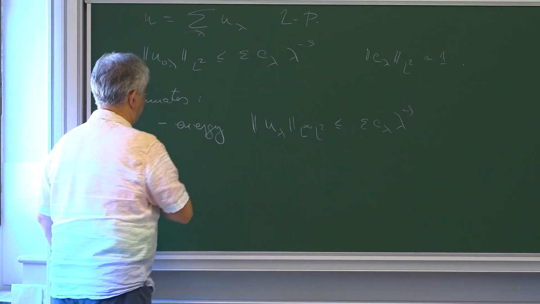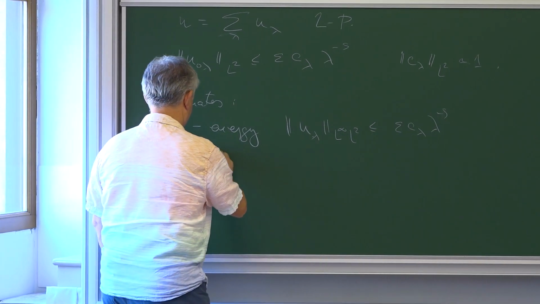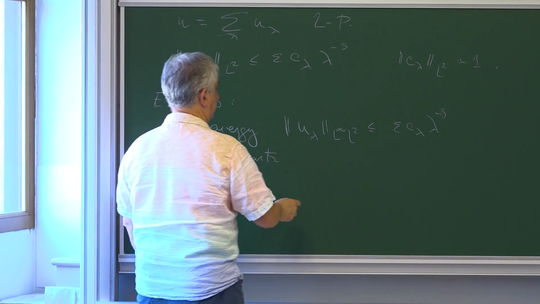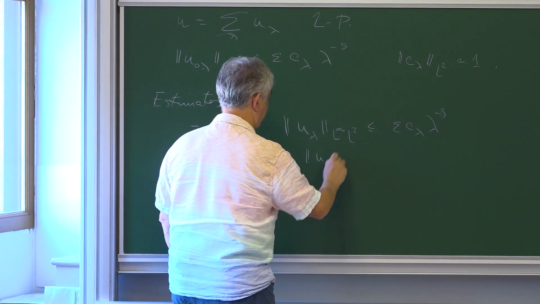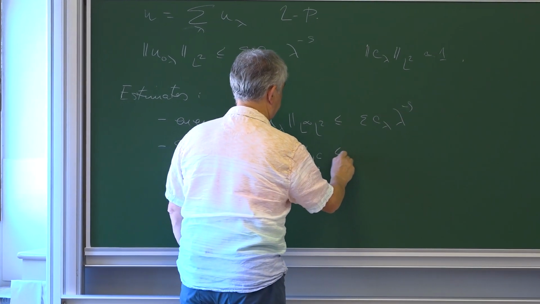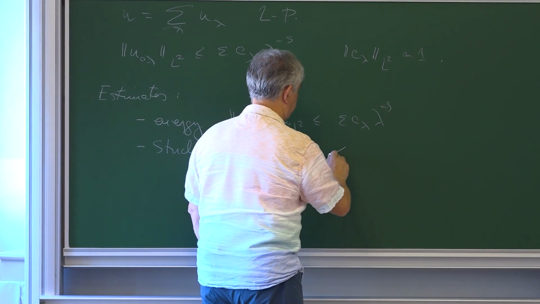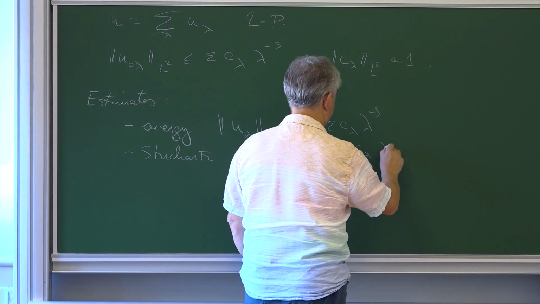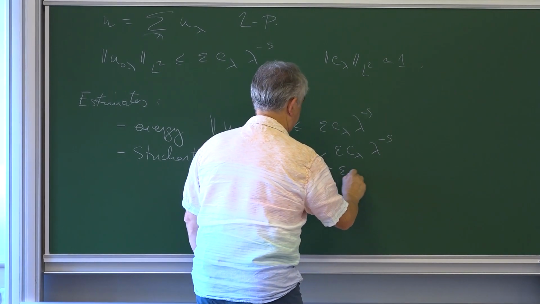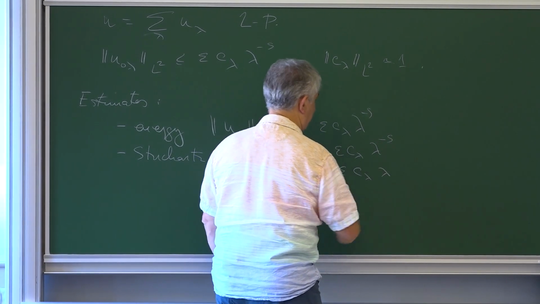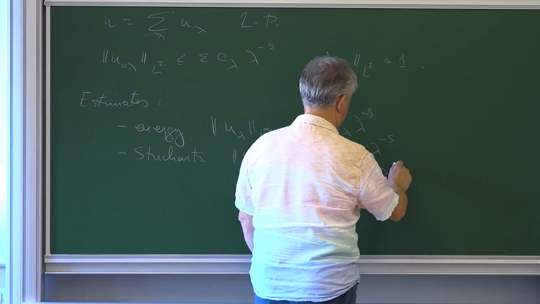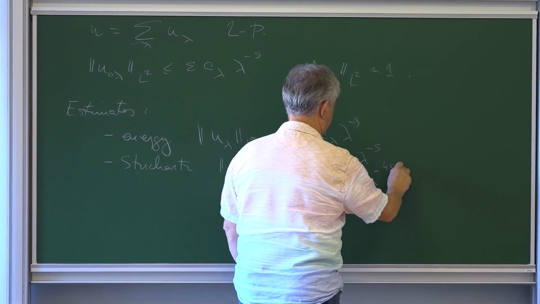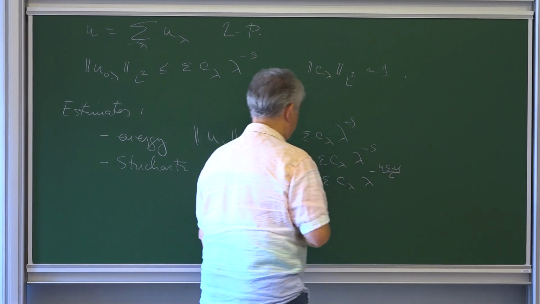Then we had the Strichartz estimates, and that would be u_λ in L^6, smaller than, and here we had two versions of this, ε c_λ λ^{-s}, or ε c_λ λ to the power of a funny power, minus (4s+1)/6.